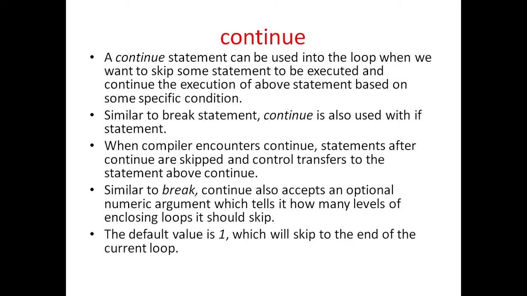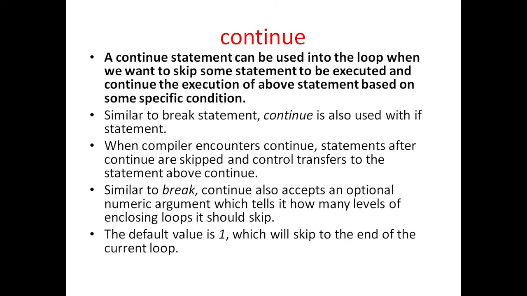Next is continue. A continue statement can be used in a loop when we want to skip some statements from being executed and continue the execution based on some specific conditions. Similar to the break statement, continue is also used with an if statement.